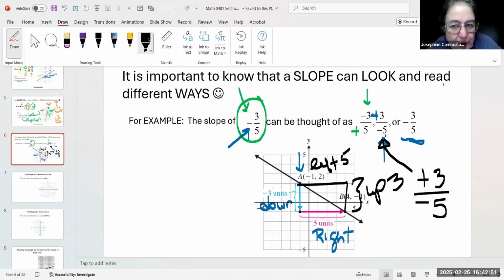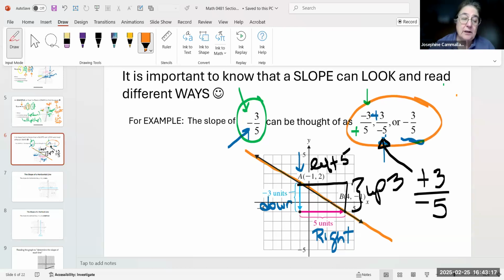They can look different, but they're still the same line. This black line that I'll make orange here, am I going up the stairs or down the stairs? That's what we got to look at. Okay. And graphing, this becomes real important.